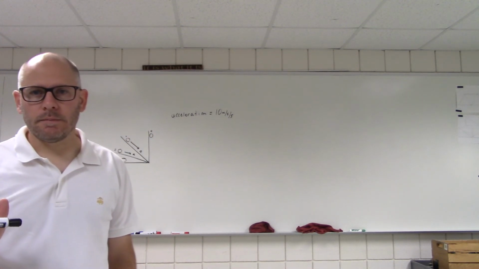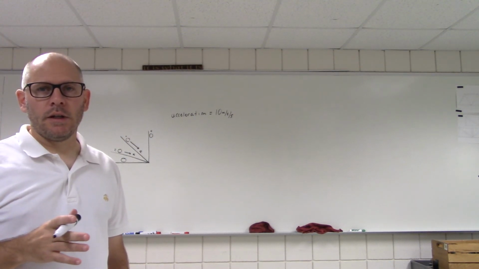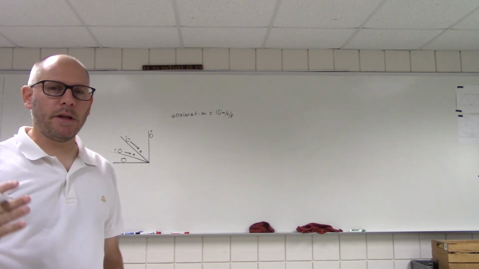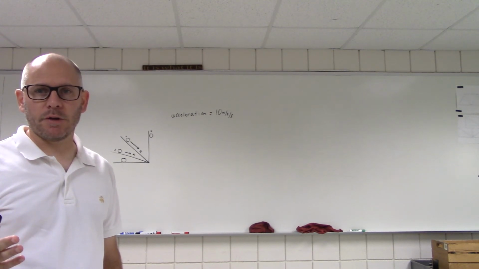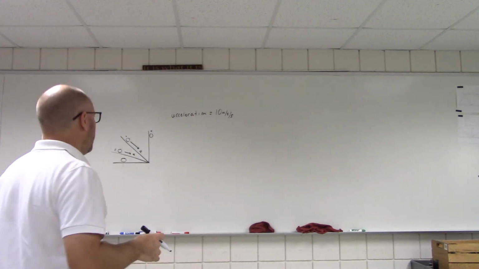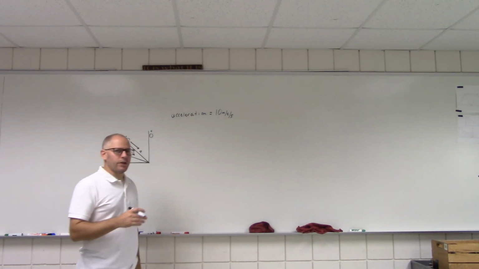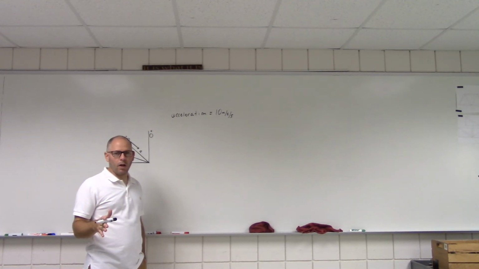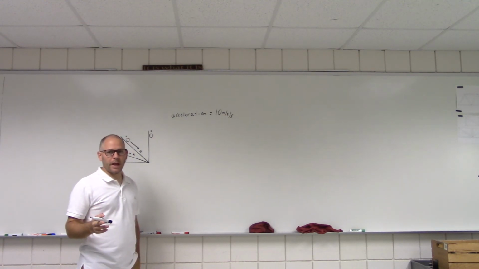Now, what does that mean? For us, that means that for every second that the ball is in the air, the speed is going to change by 10 meters per second. But the thing about acceleration is that it doesn't care about the direction of your velocity at all. The acceleration is going to be the same regardless.